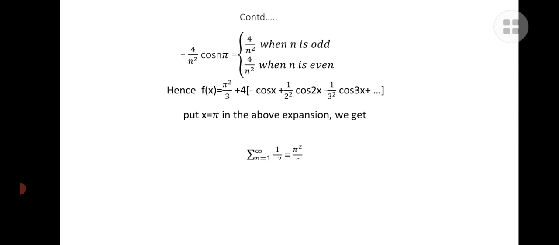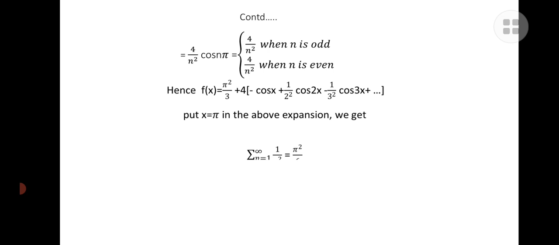In the same manner, the an value is equal to 2 divided by pi integral minus pi to pi f of x cos nx dx. Here the function f of x and cos nx both are even. So that means we can write it as 2 divided by pi integral 0 to pi x square cos nx dx.